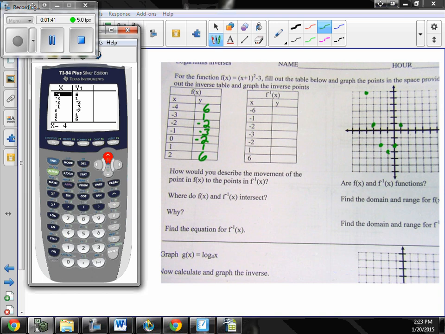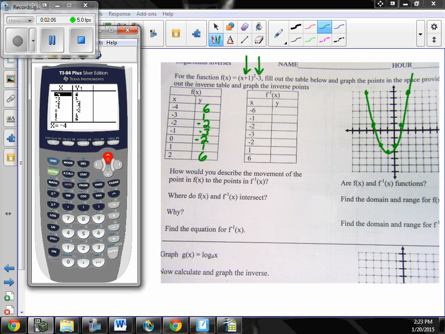Oh, did I mess something up? No. 2, 6. Okay. So this quadratic looks like that. Essentially, what we did was we took the y equals x squared quadratic, moved it left 1, and then moved it down 3.